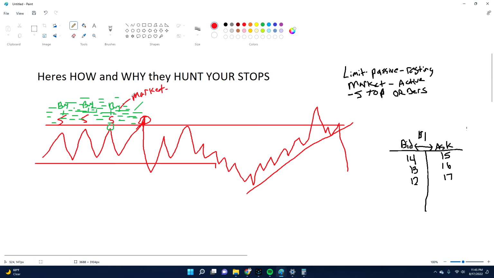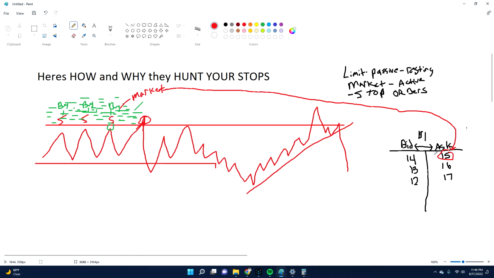When you're buying, don't you have to hit the ask, because that's the next person that wants to sell? If you want to get into the market right away, you have to hit the ask. When your stop is hit, you are essentially hitting the ask.